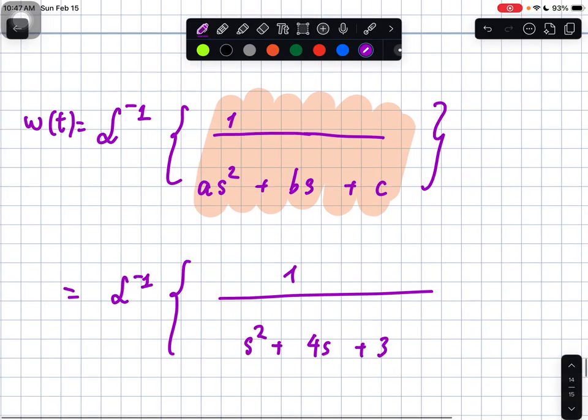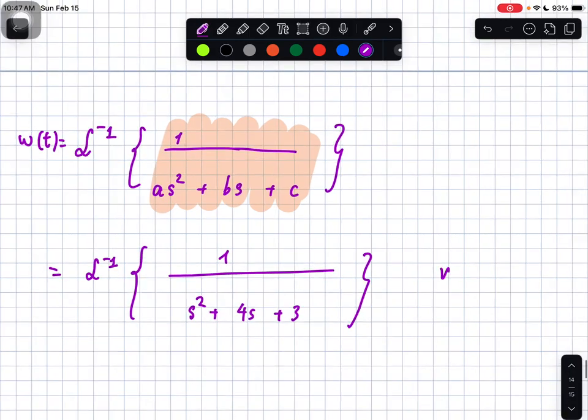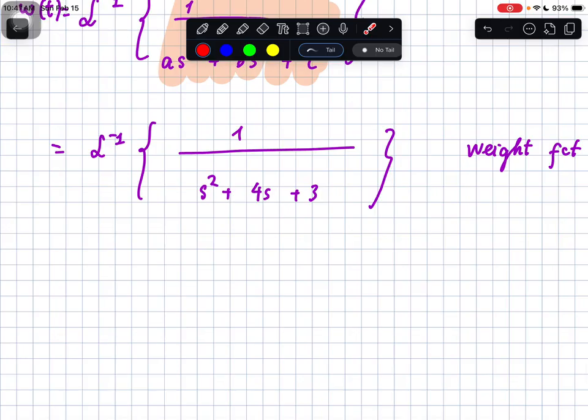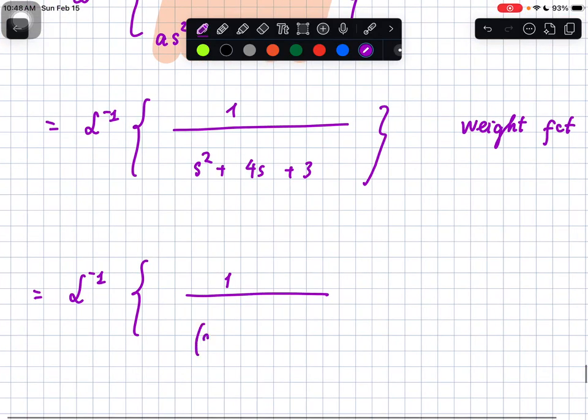So this is the weight function. Now let's try to compute this one. Now this is the inverse transform of 1 over s squared plus 4s plus 3.